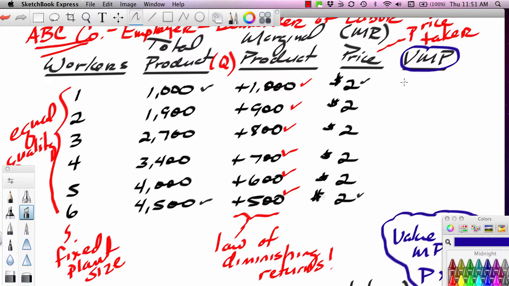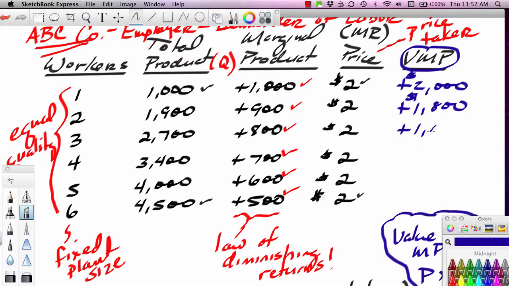So what does the first worker add to the value of the firm? What does the first worker generate? Well, 2 times 1,000 is plus 2,000. So the first worker is worth $2,000. Second worker is worth $1,800. And you can see the pattern here.